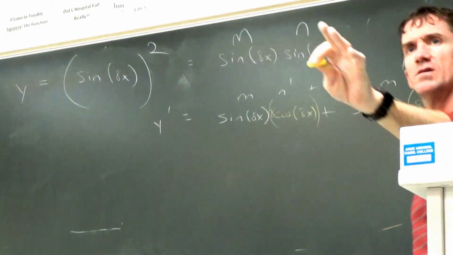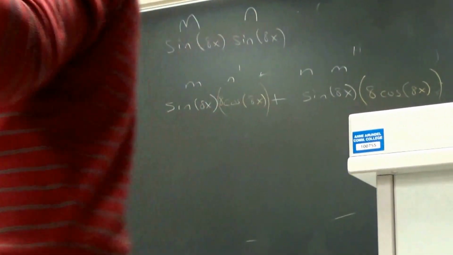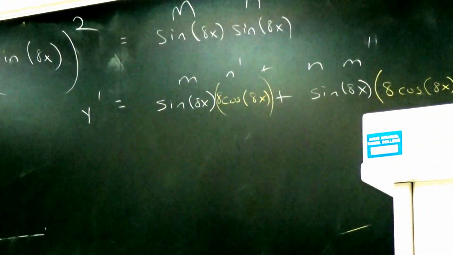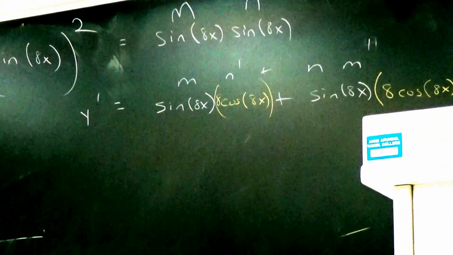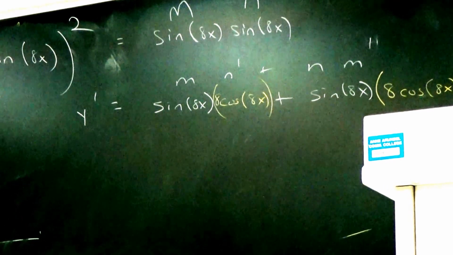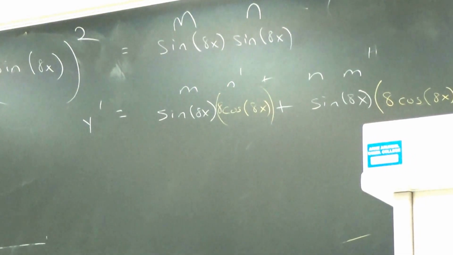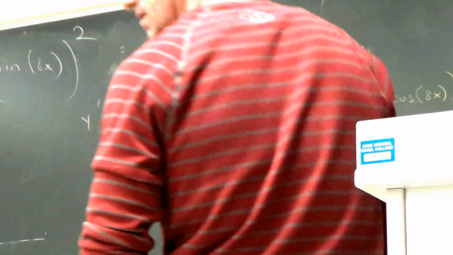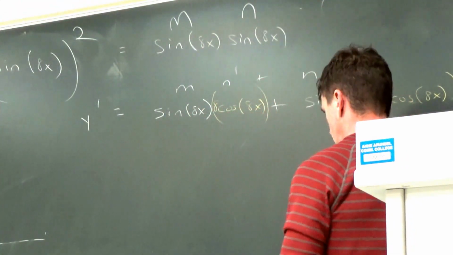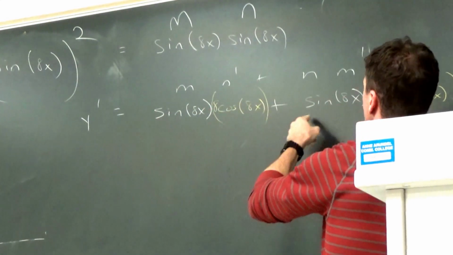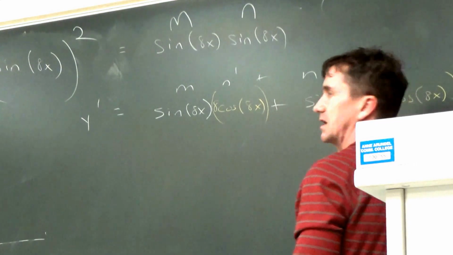Is everyone okay so far? I get fewer errors when students do this problem this way, because you're going to notice something. The entire first part before the plus sign and the part after the plus sign are identical, aren't they? Students crush this. I rarely see errors when students do it this way. You've got 8 sine 8x cosine 8x, and over here you've got plus 8 sine 8x cosine 8x.